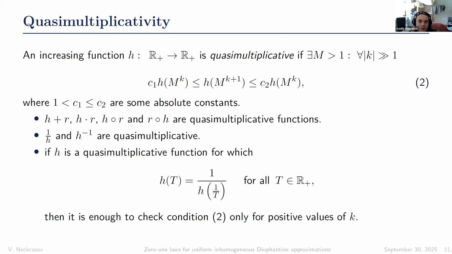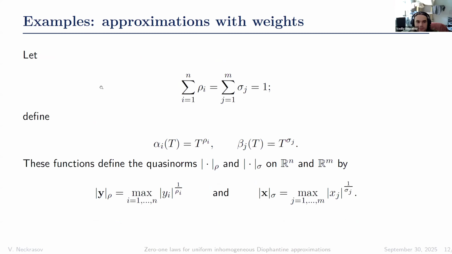Quasi-multiplicativity holds under many function operations, sum, product, composition, and so on. And another clear and important property is that we can check quasi-multiplicativity on the functions which are extended by this convolution, just for big enough or just for small enough values of the argument close to zero. Again, as I said, it's a rather technical condition, so I don't want to discuss it for longer, but it will be assumed everywhere that alpha and beta satisfy this technical condition.